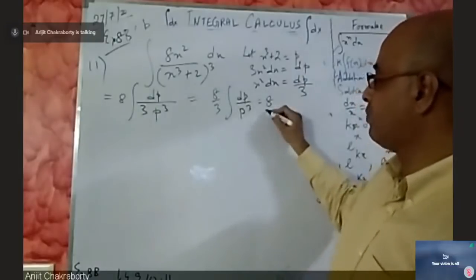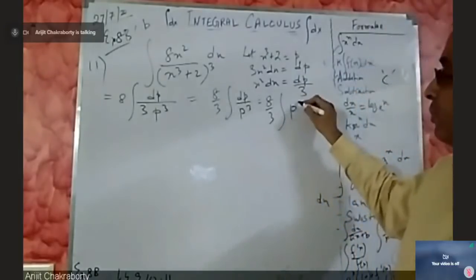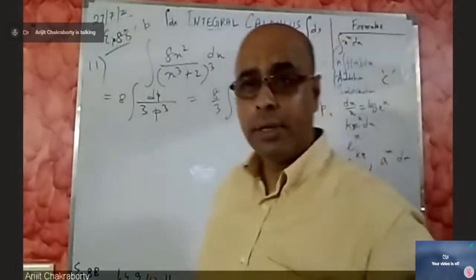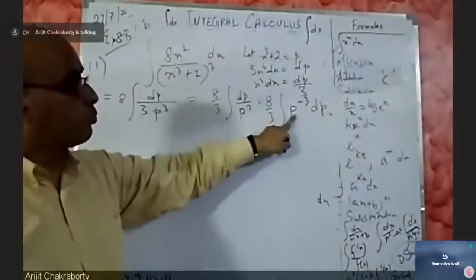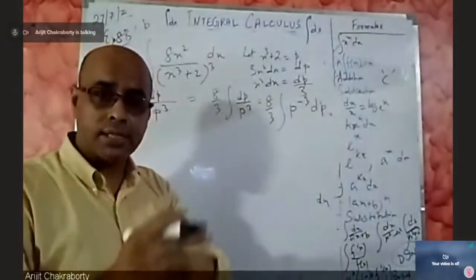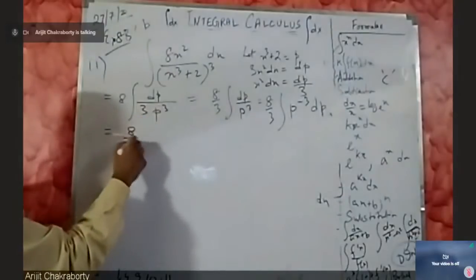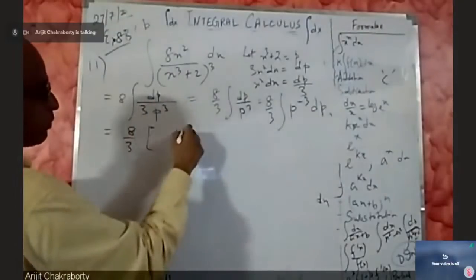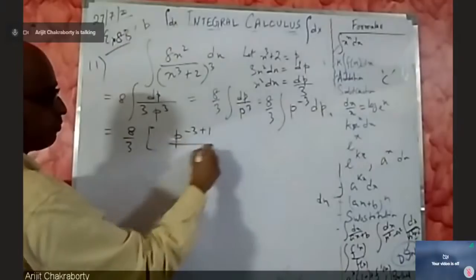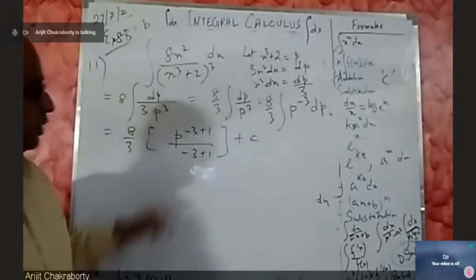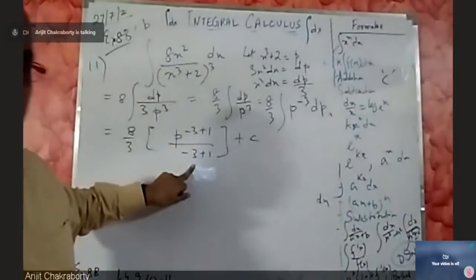This is equal to 8 by 3 integration of p to the power minus 3 dp, because 1 by p cube is equal to p to the power minus 3. The index number reverses sign. So this is equal to 8 by 3 into p to the power minus 3 plus 1 by minus 3 plus 1 plus constant, using x to the power n plus 1 by n plus 1.